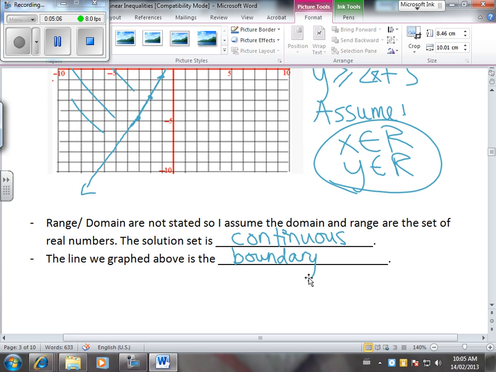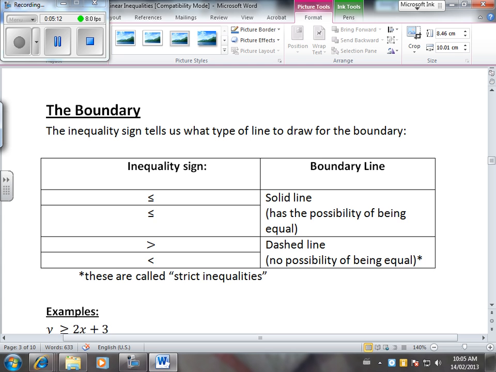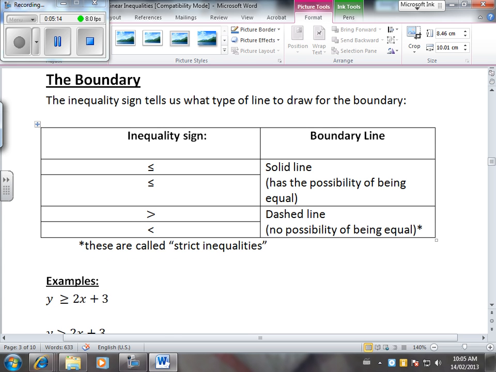So let's look at some rules for the boundary. So when we look at the boundary, which is a line, we know what kind of line to draw by the inequality sign. Okay, so the inequality sign, just like it told us what kind of dots to draw in our number lines, it tells us which kind of line to draw. Okay, so we have less than or equal to, and then change this one to greater than or equal to.